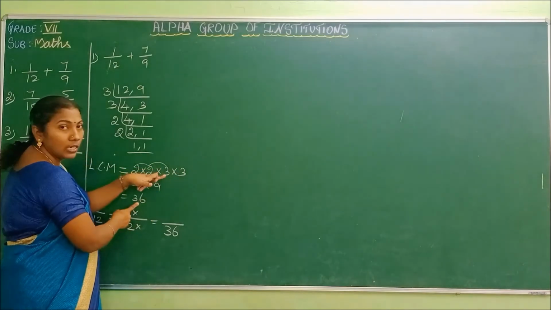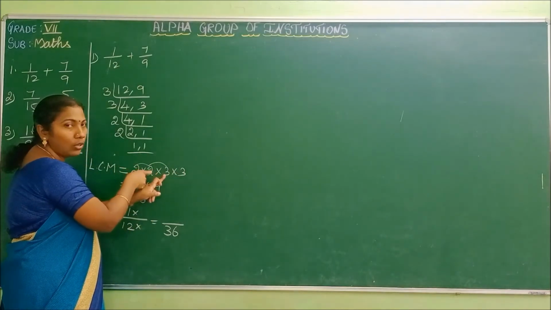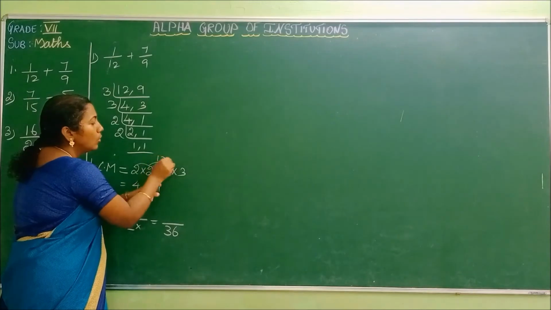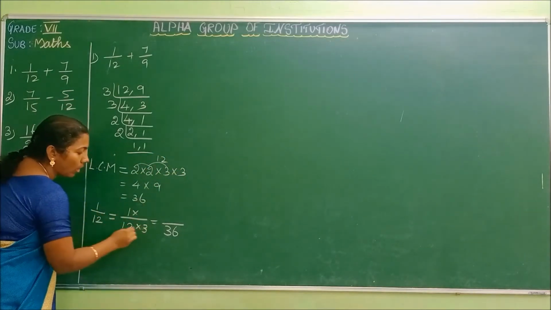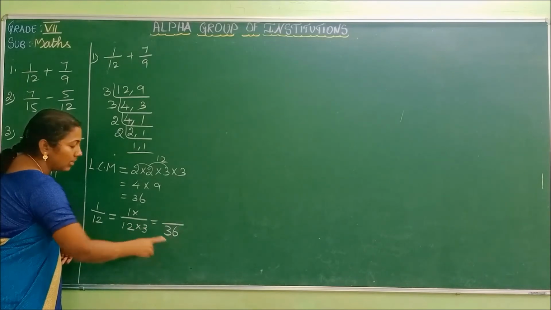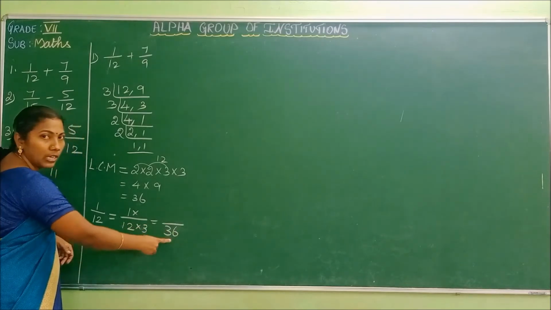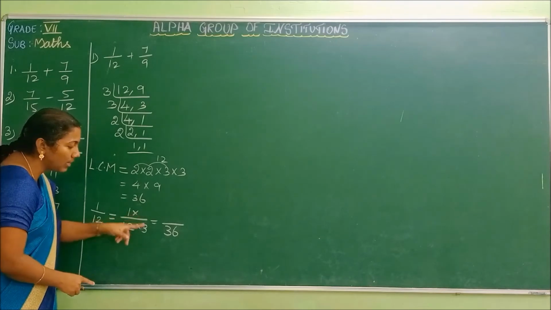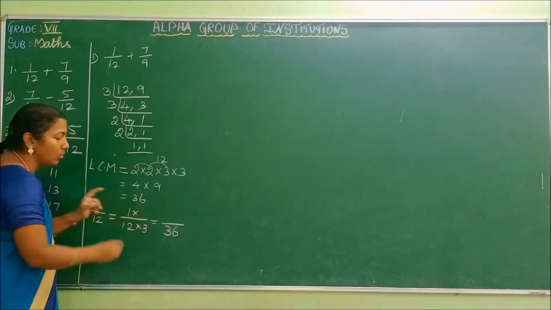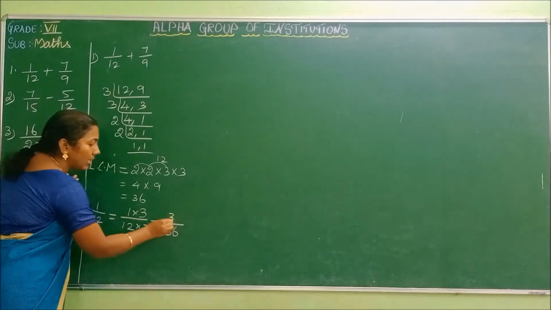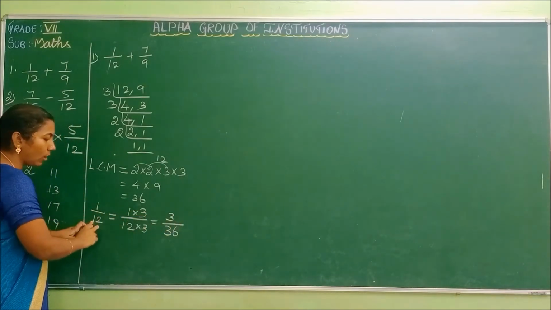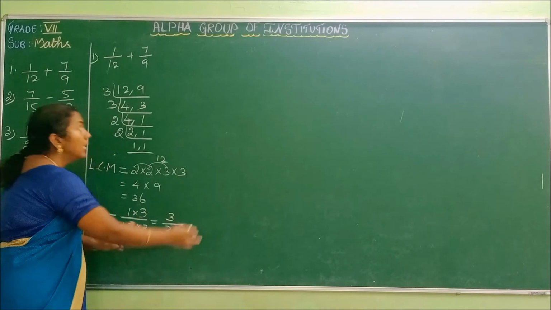So 12 into 3 is 36. Do you understand, children? So if you multiply 12 by 3, you get the answer 36. You have to multiply the same number by the numerator also. So multiply the numerator by 3. So 1 into 3 is 3. Thus we have converted 1 by 12 into 3 by 36.